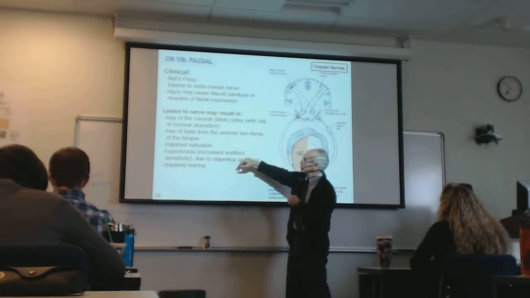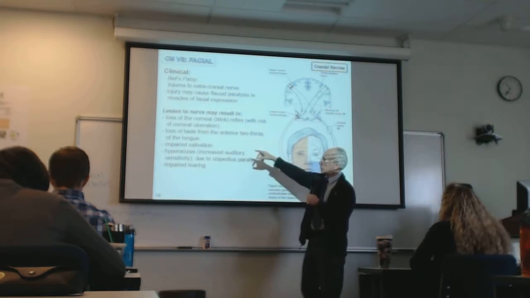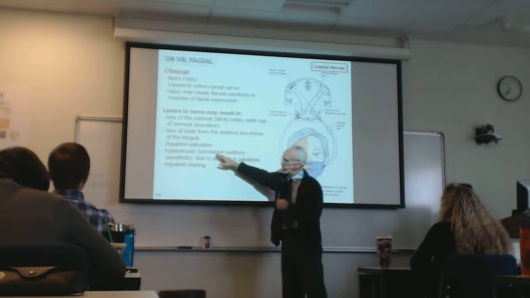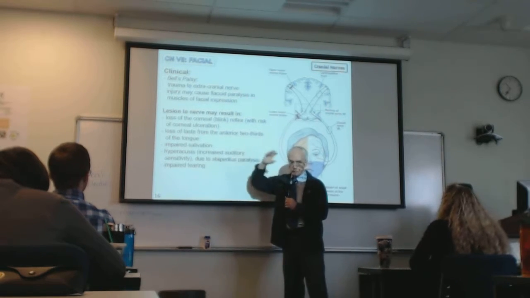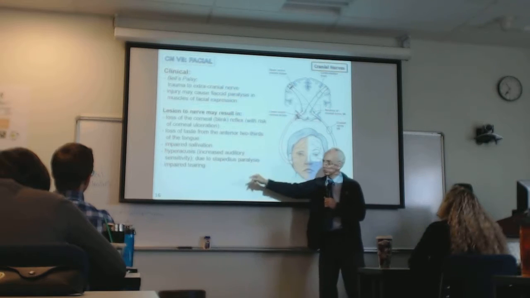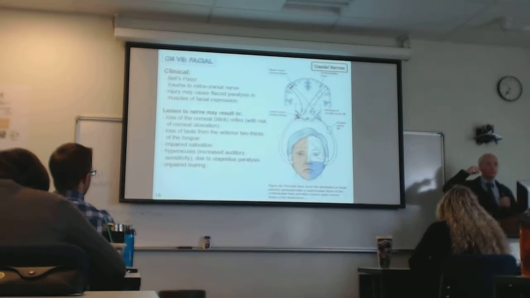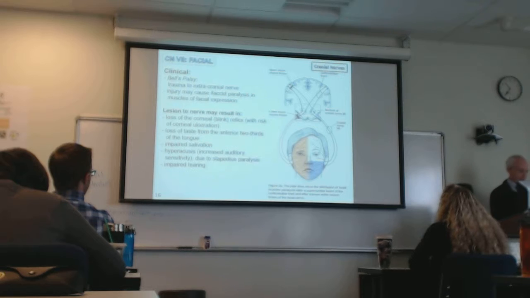Again, loss of taste from the anterior tongue, impaired salivation. There's a muscle regulated by the facial nerve that regulates to some extent the dampening of the middle ear ossicles. So you get something called hyperacusis. You've ever been very tired, very fatigued, and you can sort of hear the rattling in your ear. Yeah. Thank you. I thought that was just me.